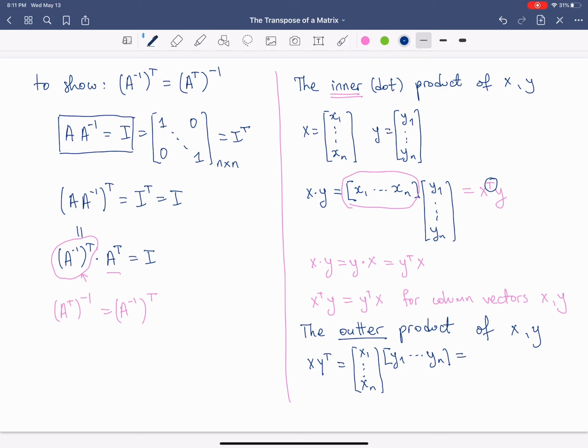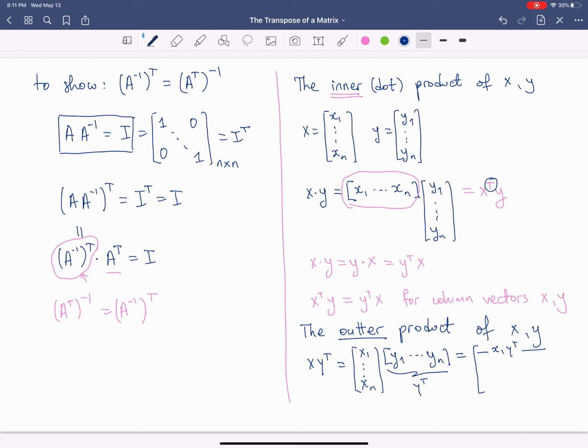And what this does is it gives us a matrix. The matrix is going to be x1 times y transpose.